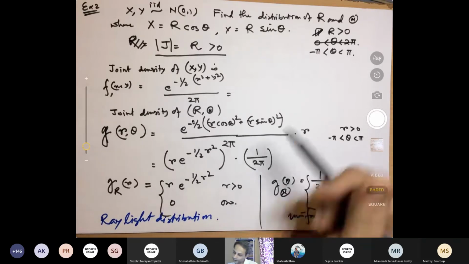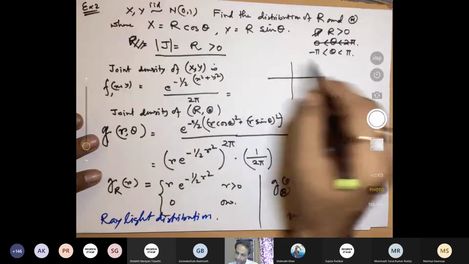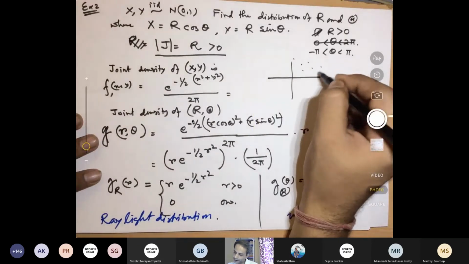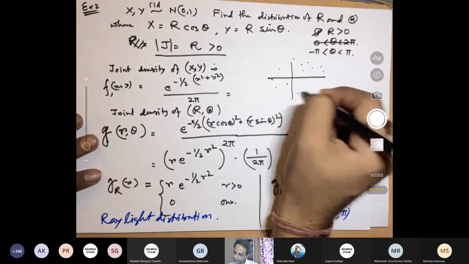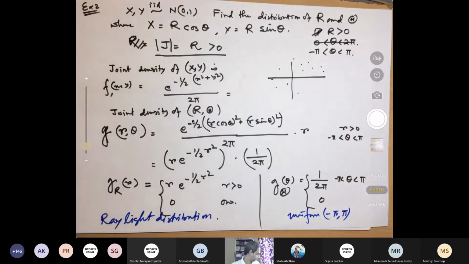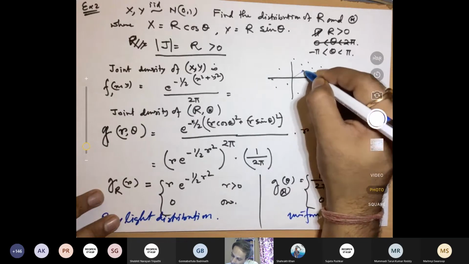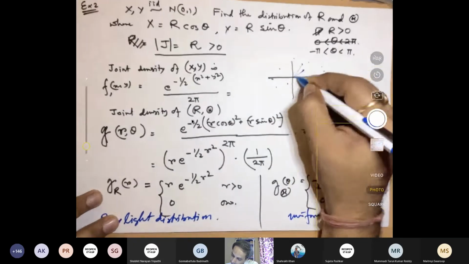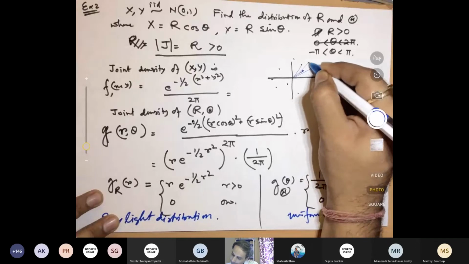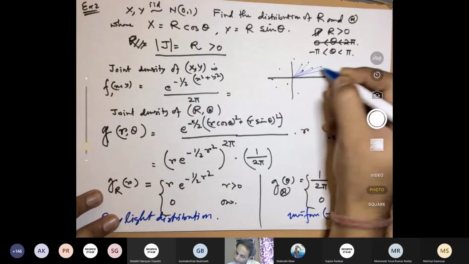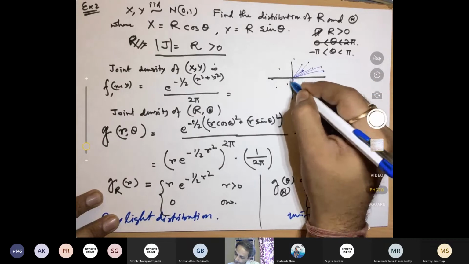When you have these x, y values, so different points, and you consider the r values for each of the x, y, it seems like a point source of light emitting from there.